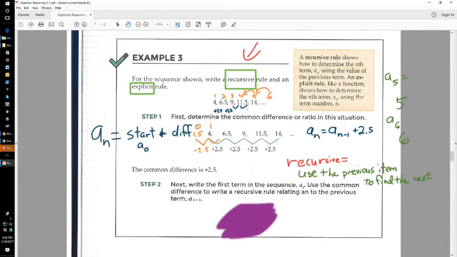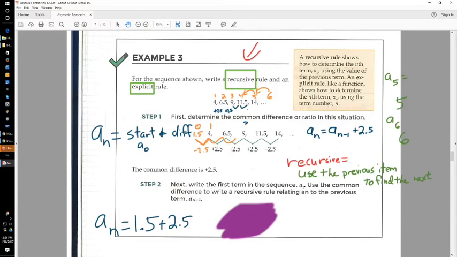If all of these are adding 2.5, if you're backing up, just back up 2.5. So far, my starting point is 1.5. Then we need to add the difference. The difference is 2.5 for each step we're going up.